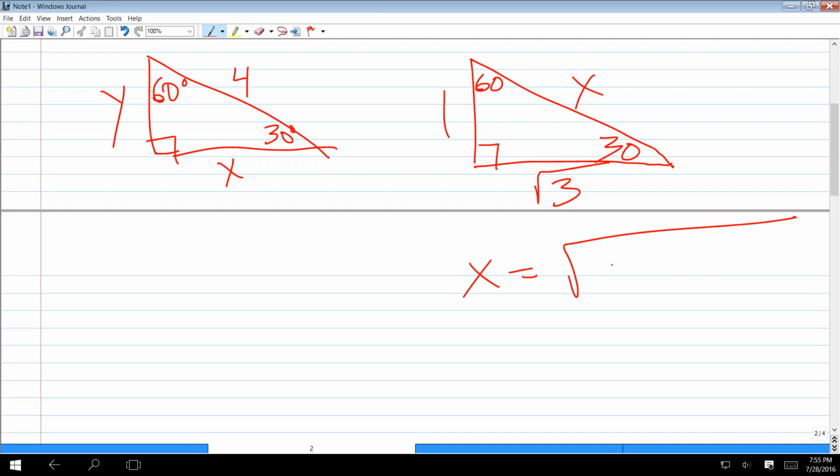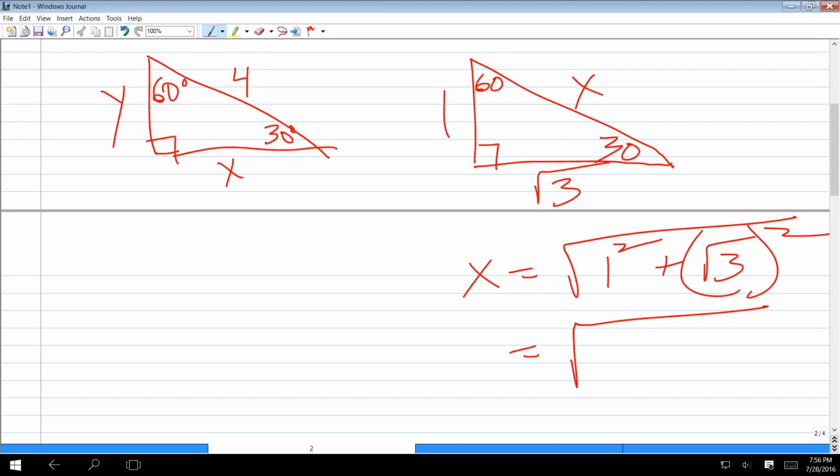It would be the square root of one short side, which is 1, and the other short side is square root of 3, but we're going to square it. Well, what's 1 squared? 1. What's the square root of 3 squared? 3.